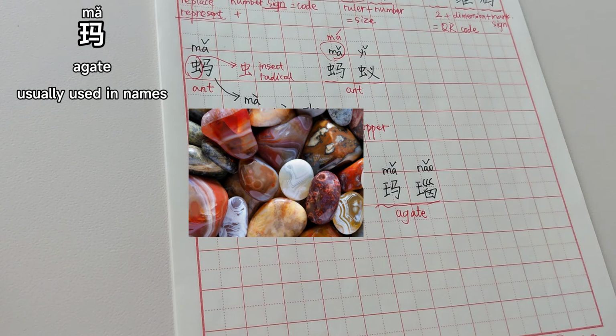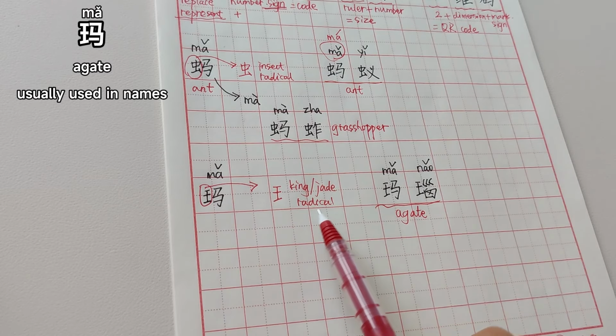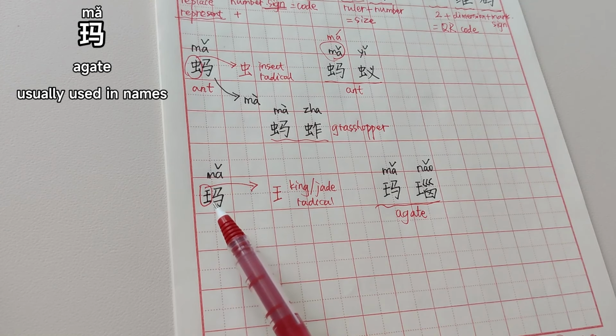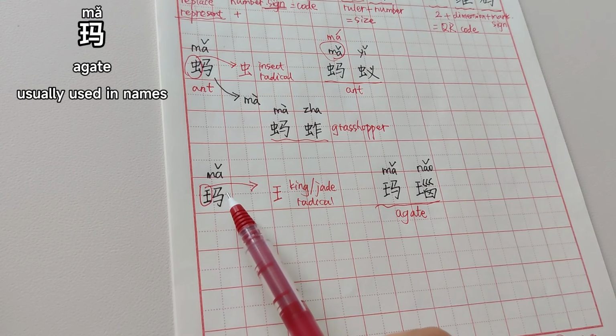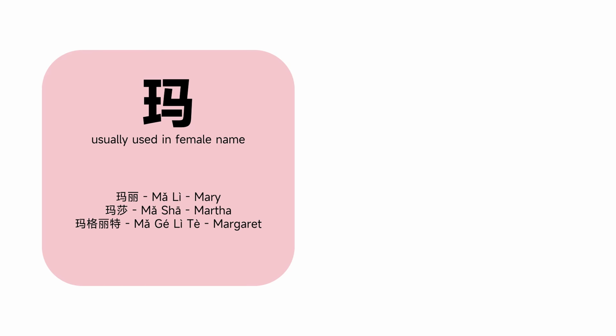It's a beautiful, beautiful stone. Since the ma has the king and jade radical, it sounds like something really beautiful, elegant, fancy. So we also like to use this ma in names, especially for female names. Like some English female names with the MA letter in the name, like 玛丽、玛莎、玛格丽特.